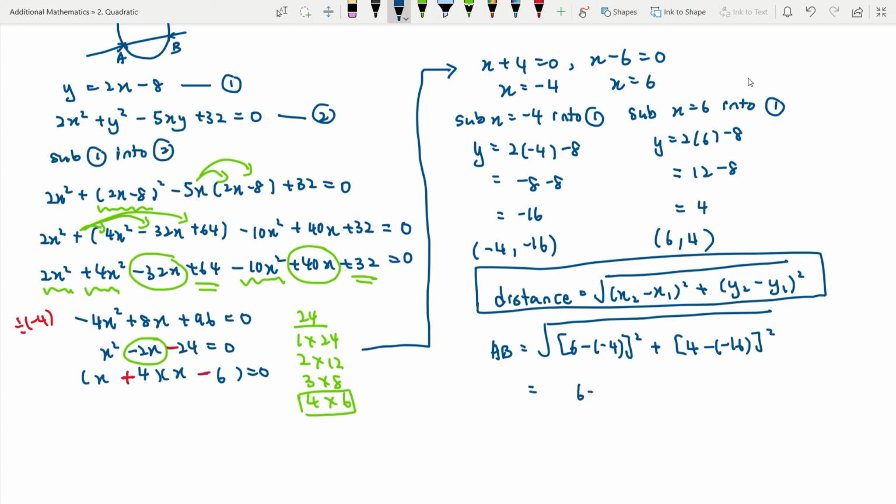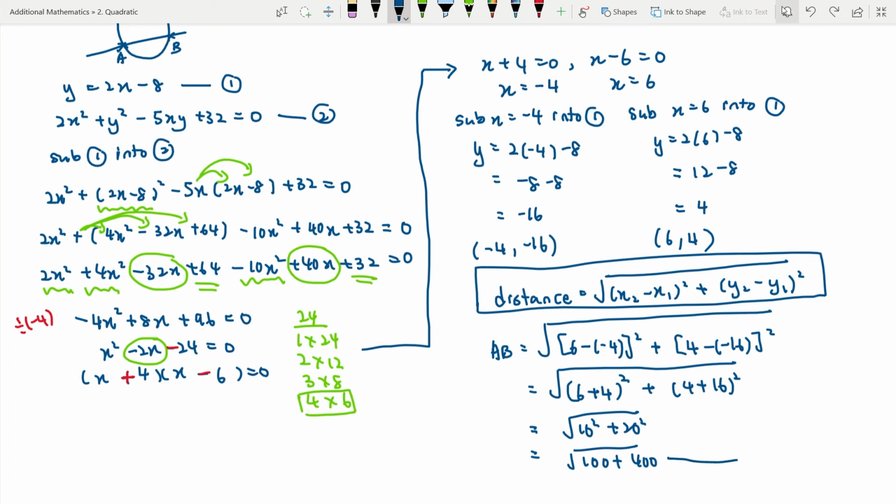We get 6 plus 4 square, add with 4 plus 16 square, square root, which is equal to 10 square plus 20 square, square root, 100 plus 400, square root, that is square root 500.